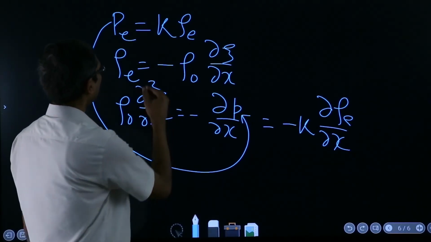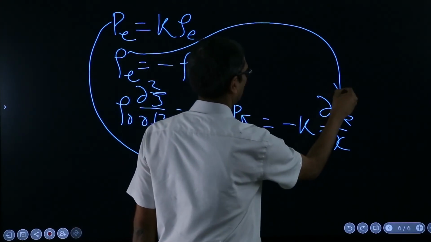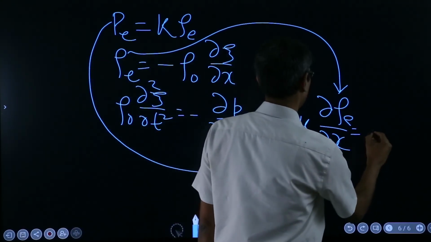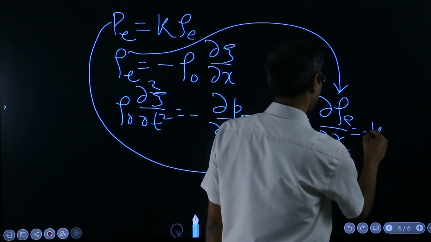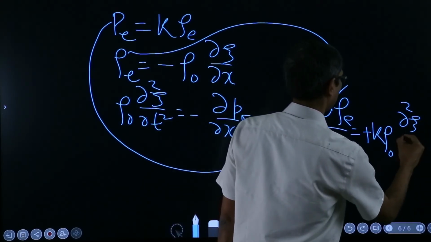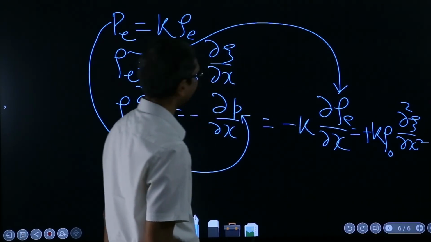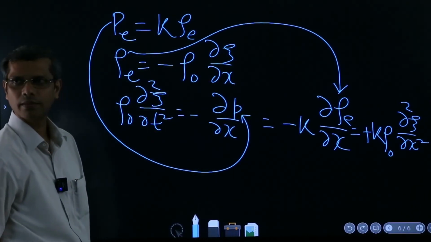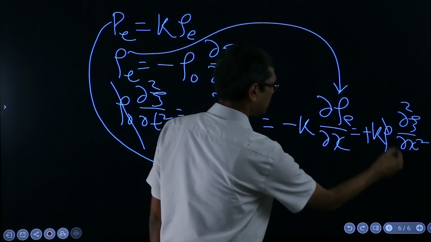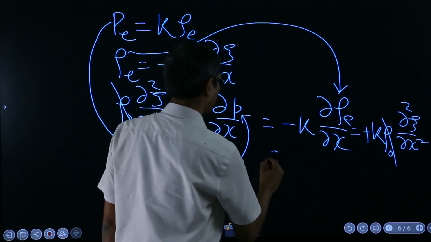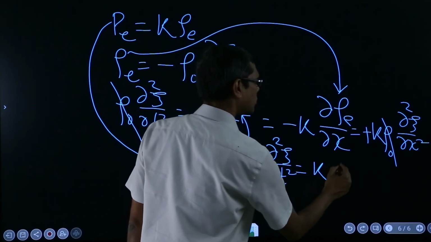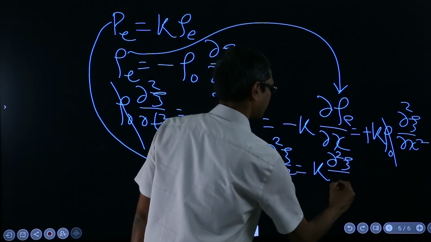And then you substitute this here, and you will get, what? Minus K, minus becomes plus with this minus, rho naught del square xi by del x square. So this rho naught gets cancelled, and you get del square psi by del t square equal to that constant times del square psi by del x squared.